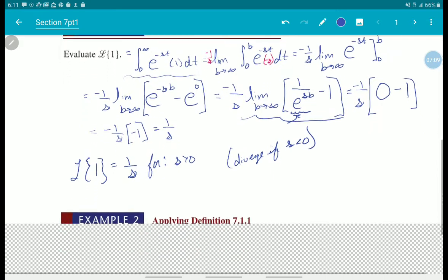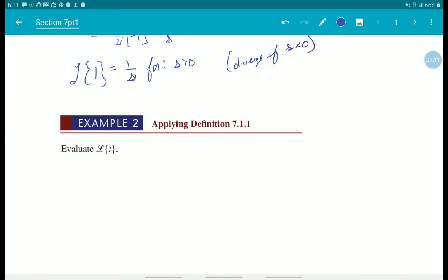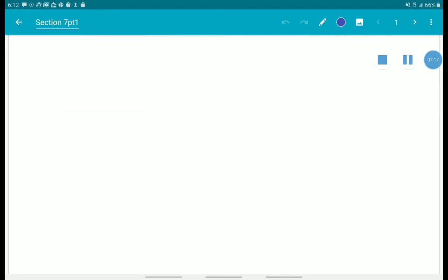Let's look at another one. Let's look at this guy. We want to find the Laplace of t. So applying that definition, we're integrating from 0 to infinity of e to the negative st times t dt.